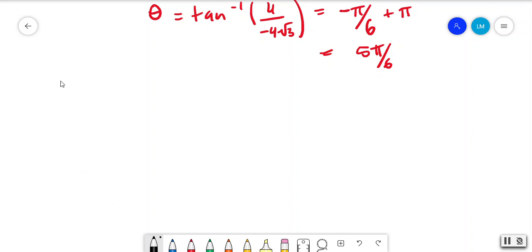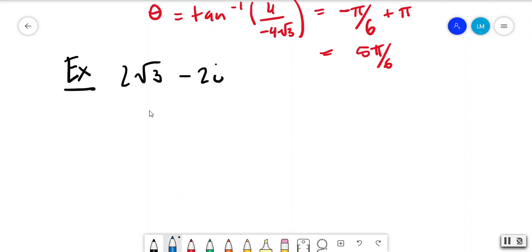Now we can look at another example. Let's say that we have 2 root 3 minus 2i, and we want to go to polar form. To go to polar form, we basically have to find the modulus, so let's just use r.